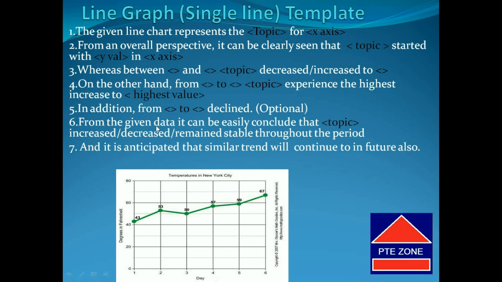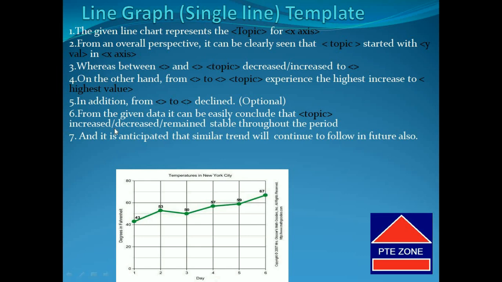So you can remember this conclusion for whatever line graph you get. It will be either increased, decreased, or remained stable. So it would be one of these three scenarios. You can just say this in conclusion, and then you can say, "and it is anticipated that similar trend will continue to follow in future also."